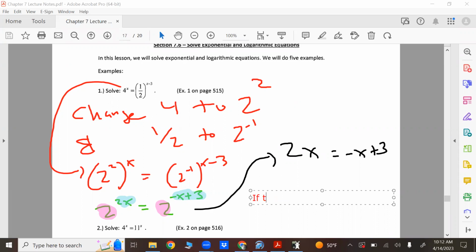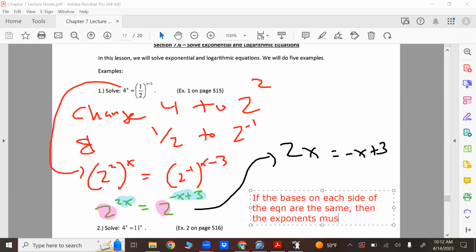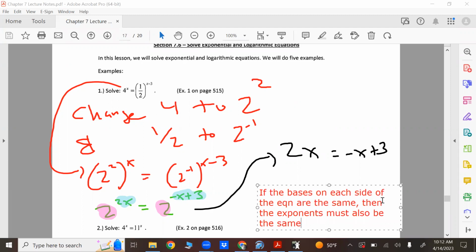And at that point, that's pretty easy to solve.